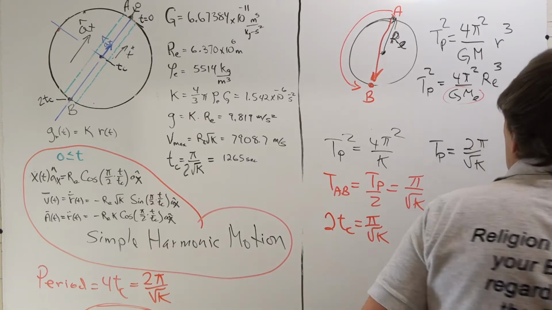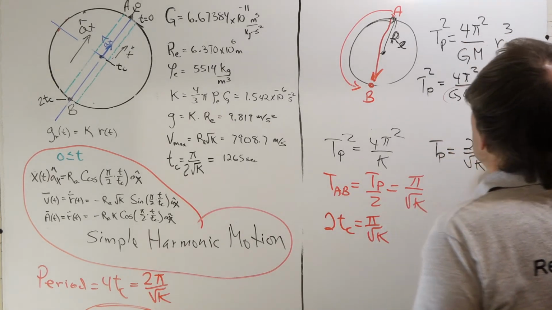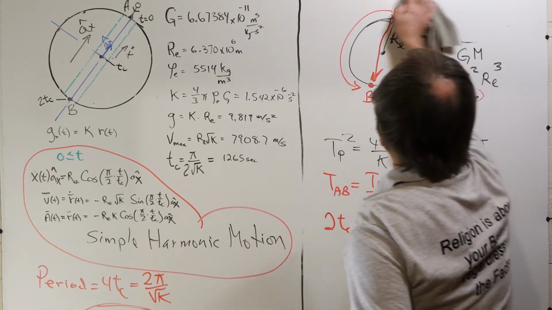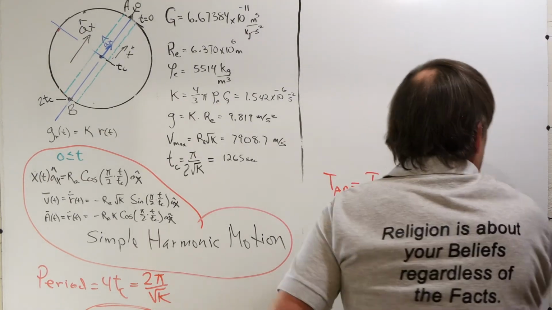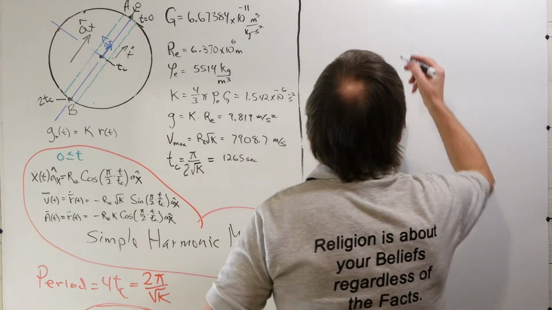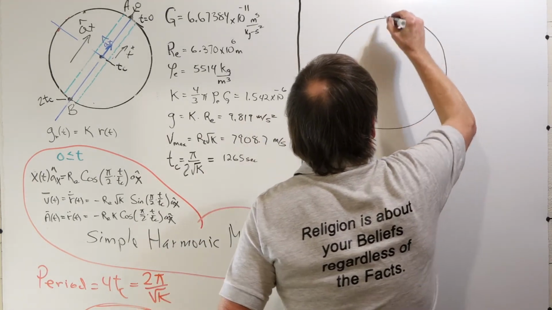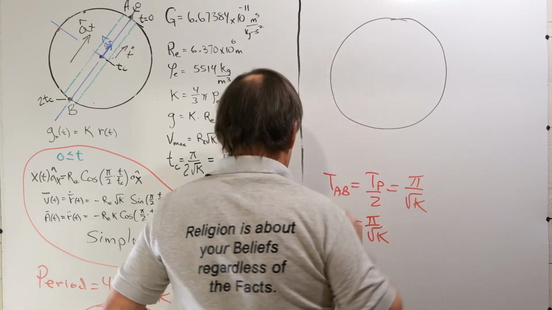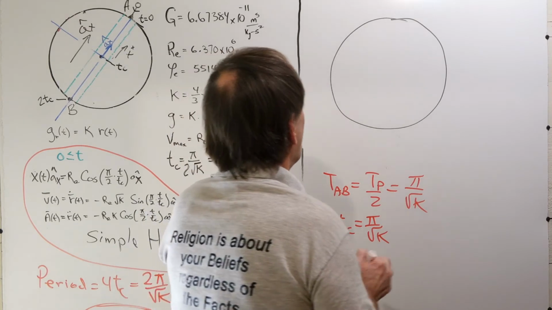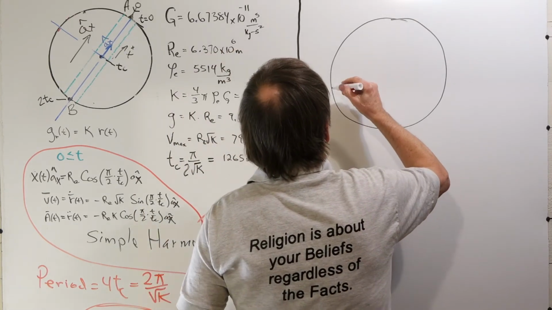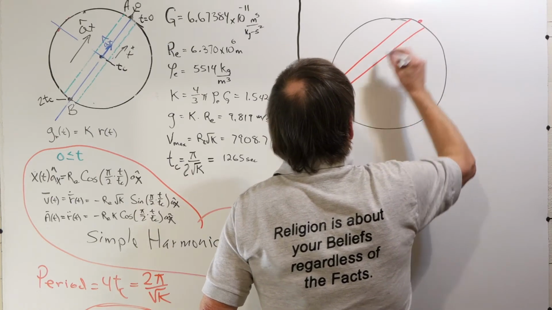It turns out that if we take an Earth, say, and we bore a hole in it, it doesn't matter how we bore the hole. It's always going to take the same amount of time to go from one side to the other, even if we're not directly opposed.